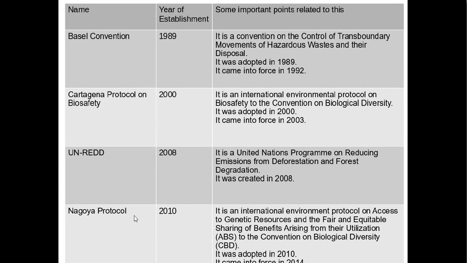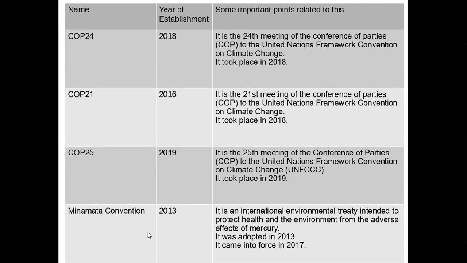The Nagoya Protocol is also an international environmental protocol on access to genetic resources and the fair and equitable sharing of benefits arising from their utilization to the Convention on Biological Diversity. And it was adopted in the year 2010 and came into force in 2014.